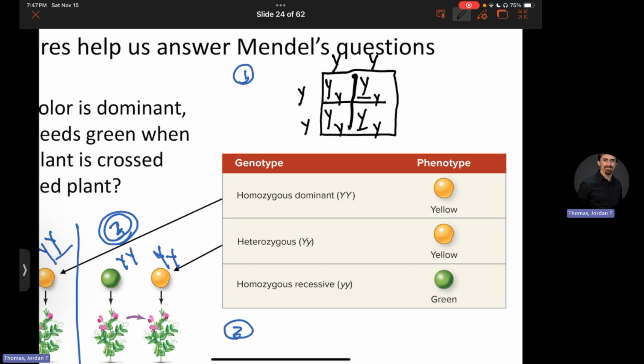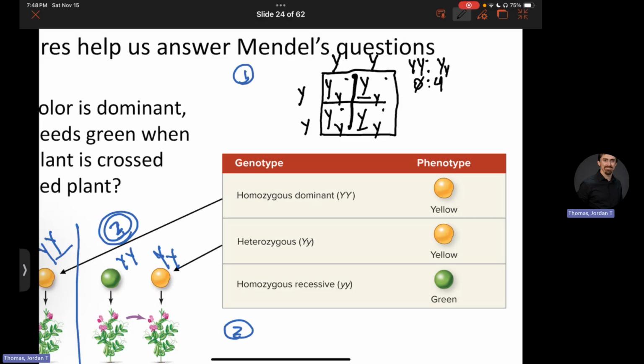So for the genotypes, for big Y, we get 0. There's no homozygous dominant in this cross. We do not produce any big Ys. Remember, we're looking at the products in each square. For the numbers of big Y and little y, we have 1, 2, 3, and 4.